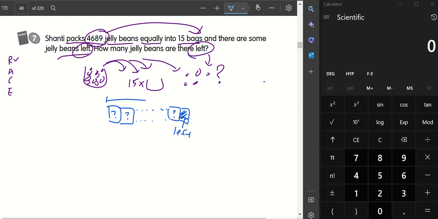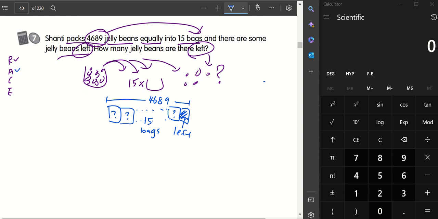So you have 4,689 jelly beans altogether. There are 15 bags. Inside the bags, they are all equal, and then there are some left over. Very quickly, a lot of us say, okay, use division, because you are dividing them into bags. Okay, cool. So I could go straight into it.